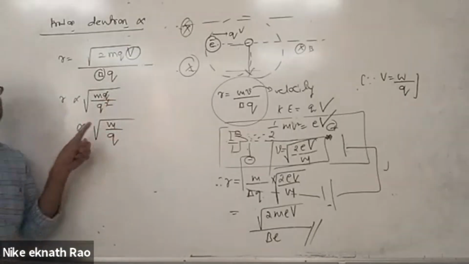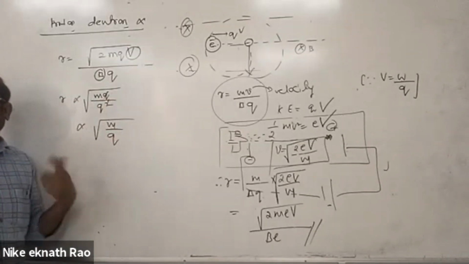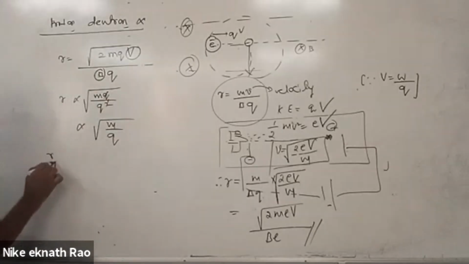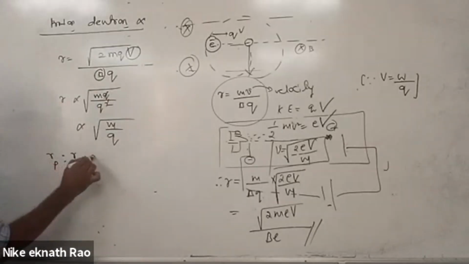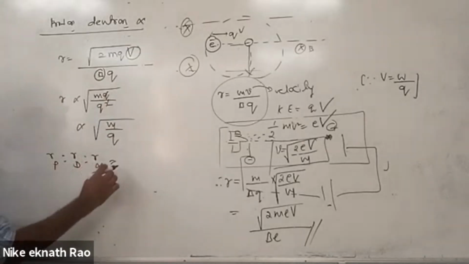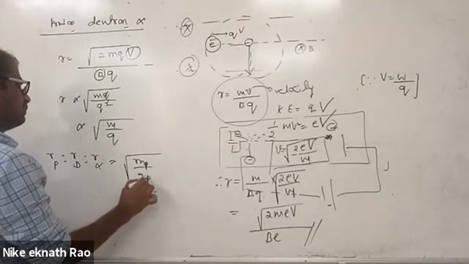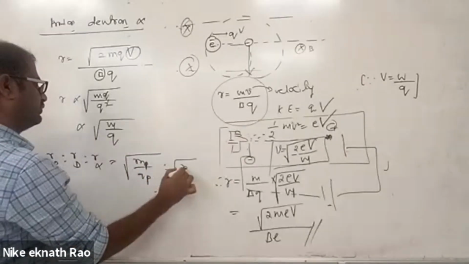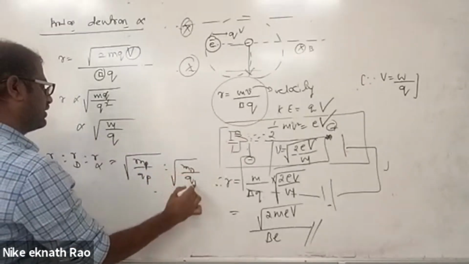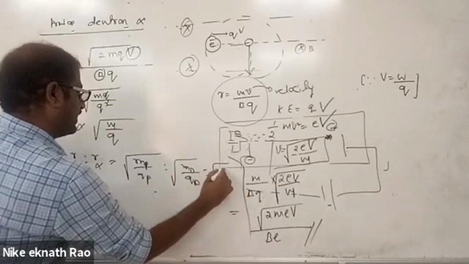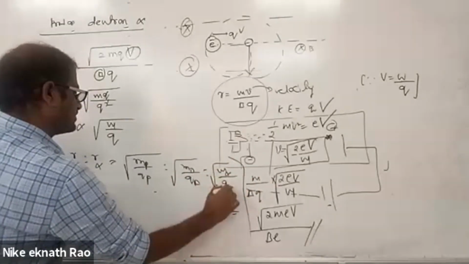For whichever particle root m by q is more, the radius is larger. So the ratio r proton to r deuteron to r alpha equals root of m by q for proton, to that for deuteron, to that for alpha particle.